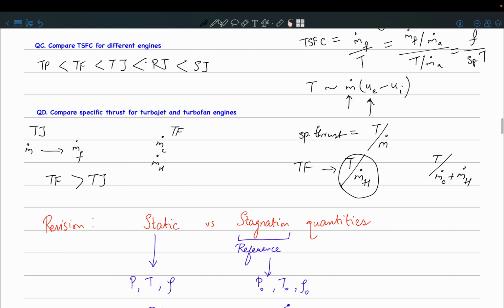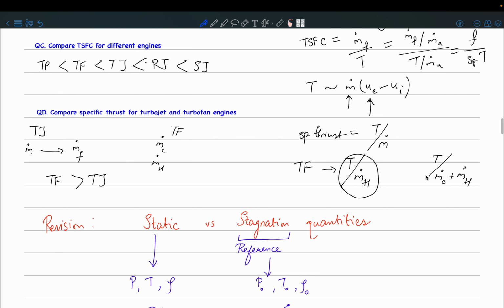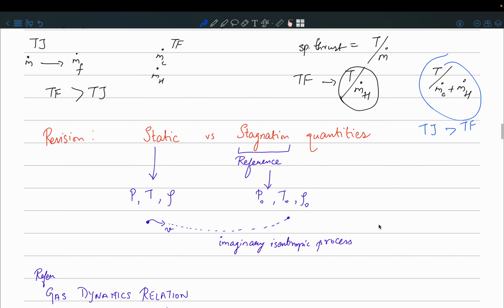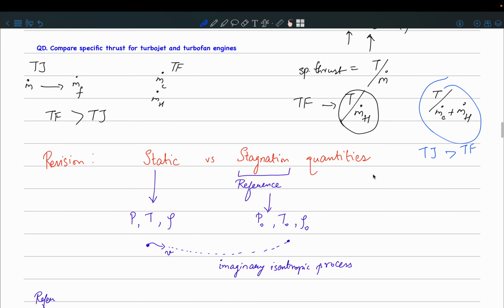But if I were to use the other definition for specific thrust, then remember that turbojet produces more specific thrust than turbofan. Okay, is this clear? For the simple reason that here you have more m dot because of the cold flow. Okay, so we'll move on to the next part.